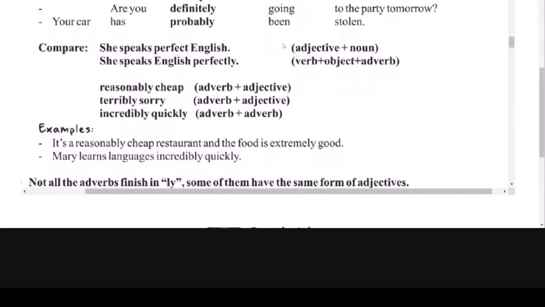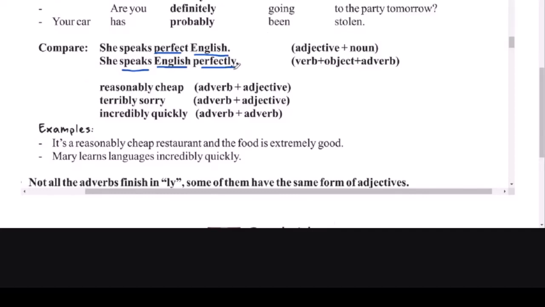All right, now when we compare, she speaks perfect English, that's an adjective and the noun. The adjective perfect and the noun English, right? And verb, object, adverb is the verb speaks, the object English, and the adverb perfectly. Right, we see that example here. Perfect English, speaks English perfectly.